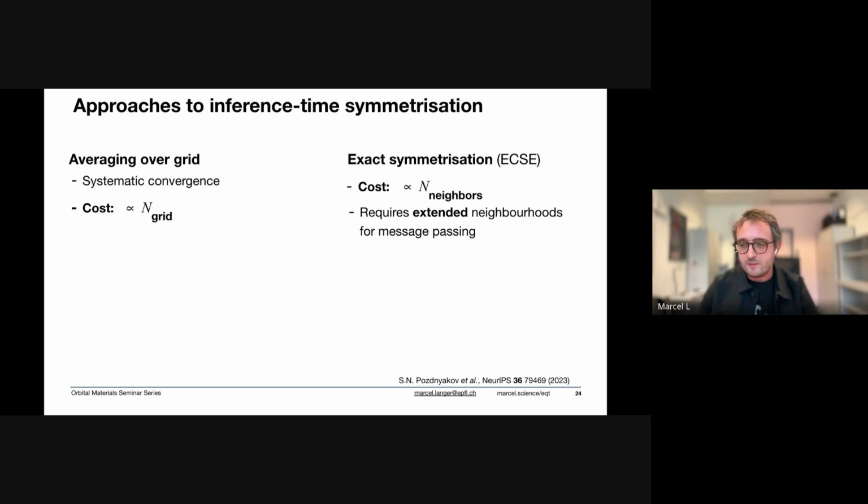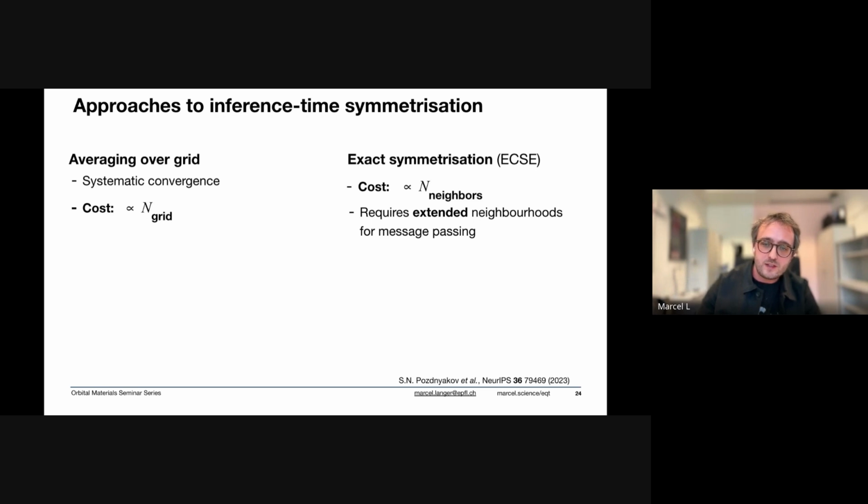There are, of course, other approaches that are even more exact. So, for example, the ECSE approach that was introduced together with the PET model in 2023. Here, the idea is that one attaches coordinate frames to every neighbor in every neighborhood and then smoothly transitions between them and takes the average. This costs with every neighbor, so the computational cost is proportional to the number of neighbors.